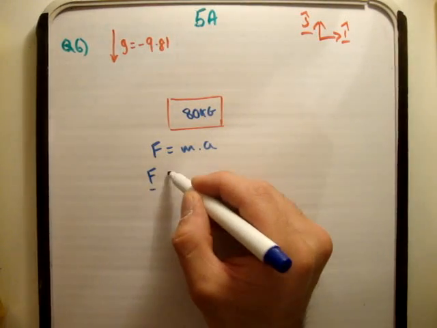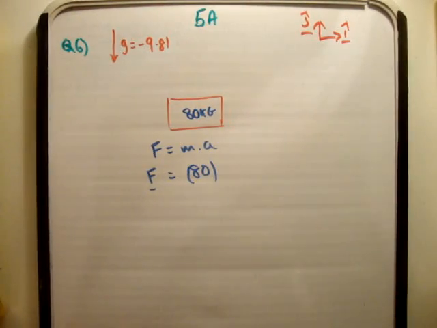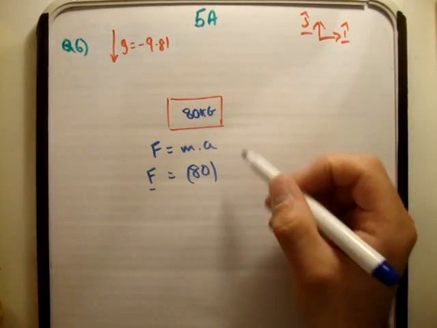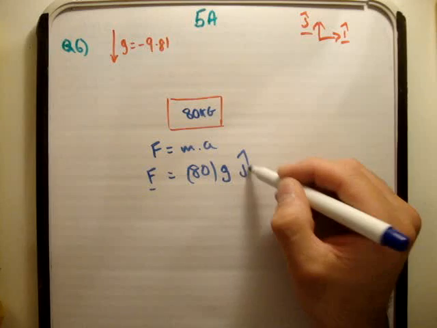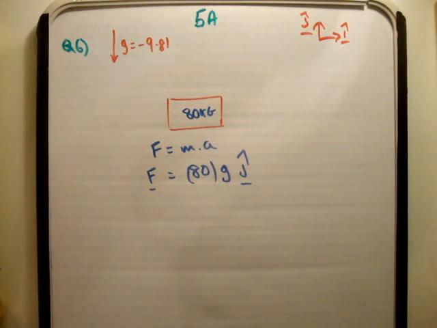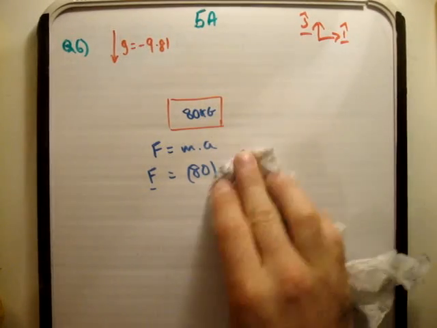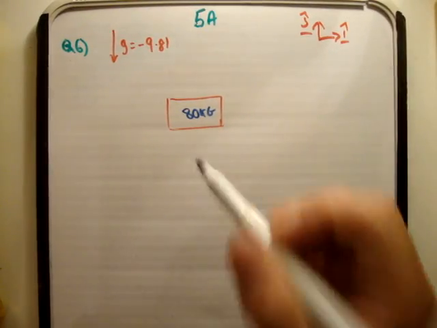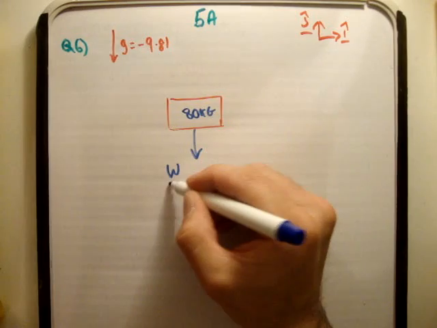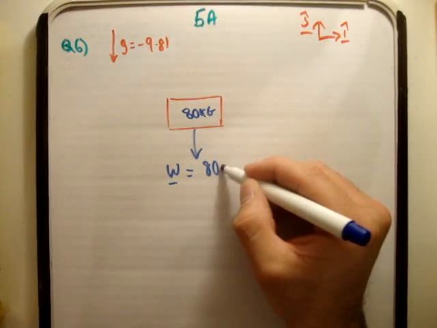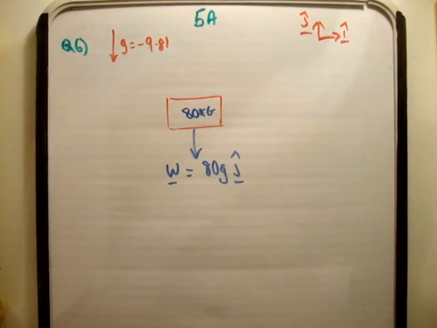So F is equal to 80 kilos times the acceleration, which is g, and g is in the negative j direction. Because g is a negative number, that force is in the negative j direction straight down. So the weight vector is equal to 80 g j hat.